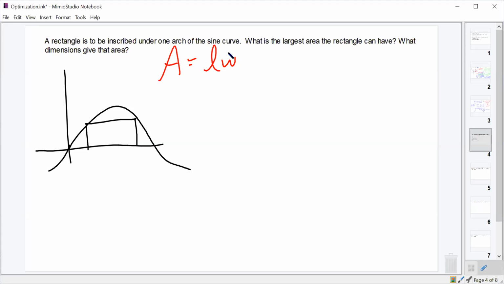Call it length times width. So we need to figure out what is this length and what is this height, this width. So first off, the width should be the easy part. What's the width? How high up does this go?